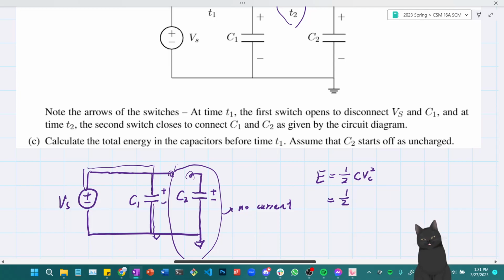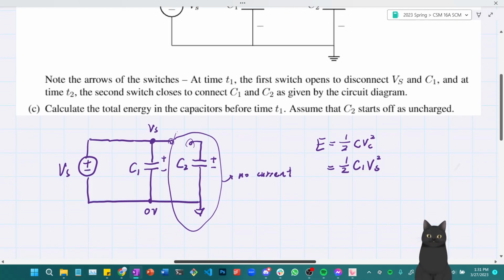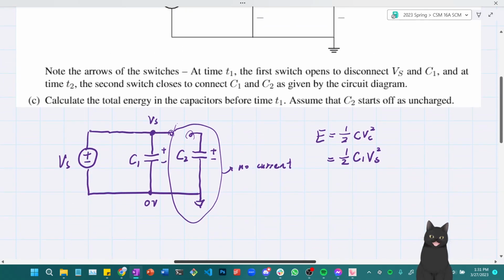So the energy is equal to 1/2 C1 Vs squared, as Vs is the voltage across C1. You can see that this node has a voltage Vs and this node has a voltage of 0V. So once again, we get that the total energy is equal to 1/2 C1 Vs squared.